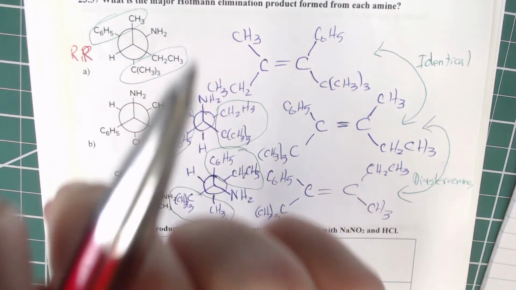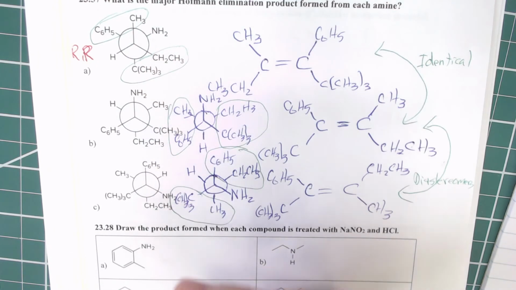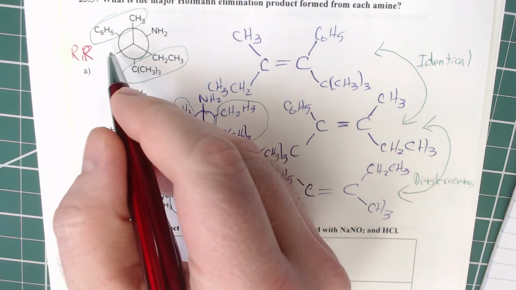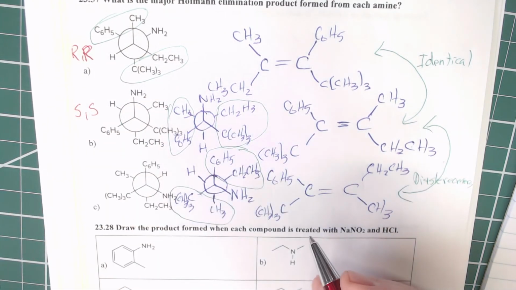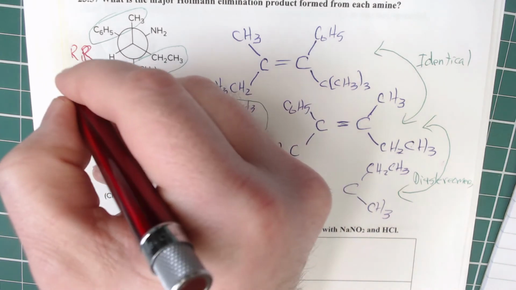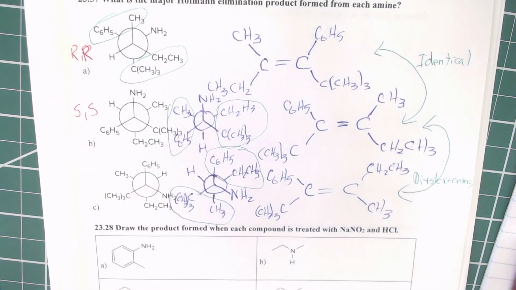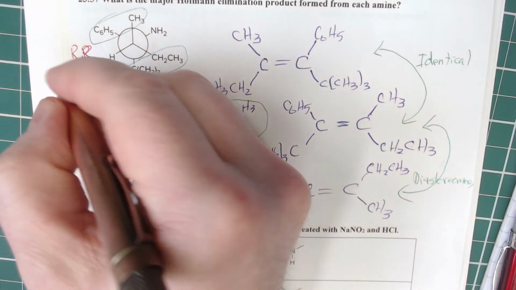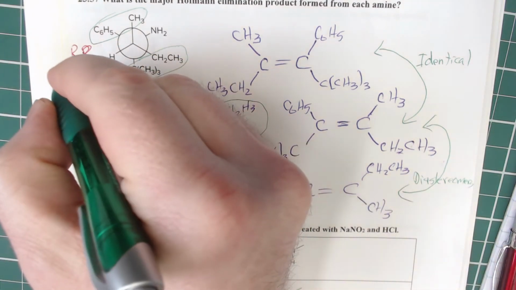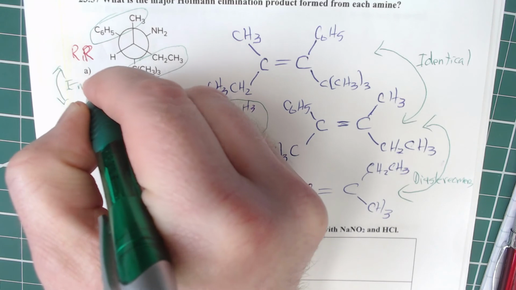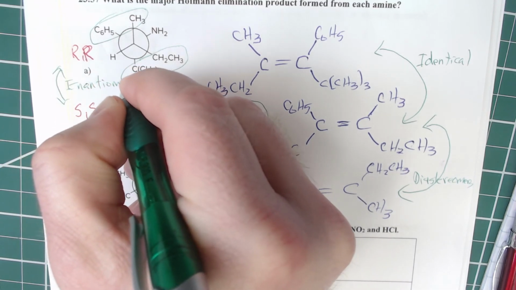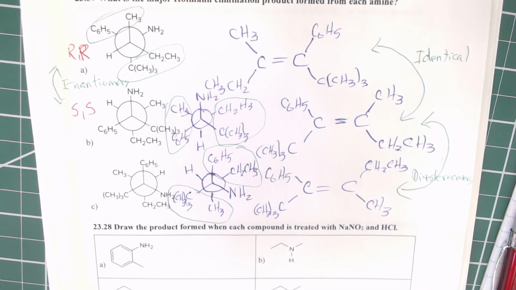And feel free to take that molecule, you can build it, and then confirm for yourself that that one is the RR isomer, and this one here is the SS isomer. So since these are exactly opposite, these are enantiomers of each other.